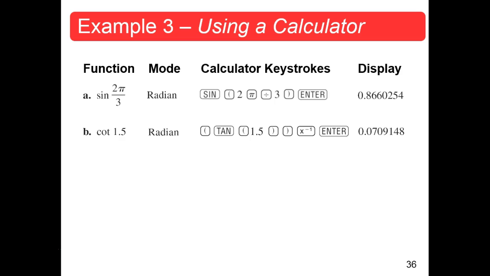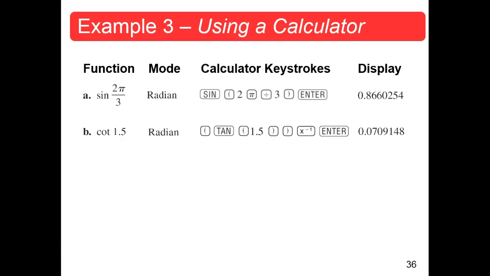Tangent, and then 1.5. It usually opens that parentheses, but you have to close it and then do the reciprocal. I don't think you need an enter on that one, but maybe your calculator does.